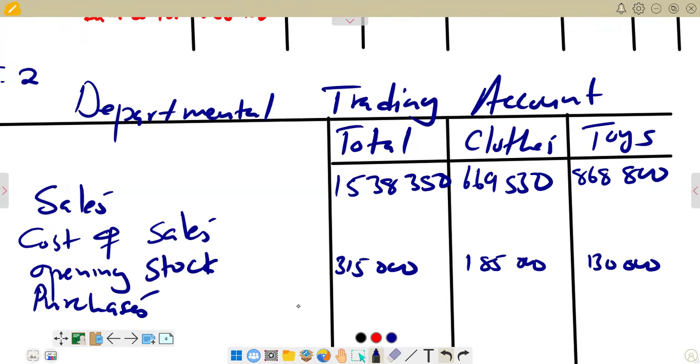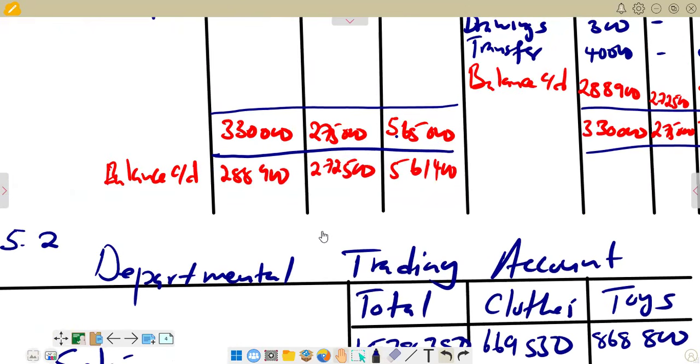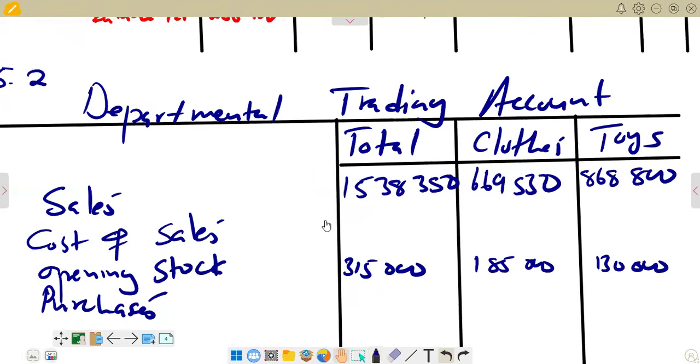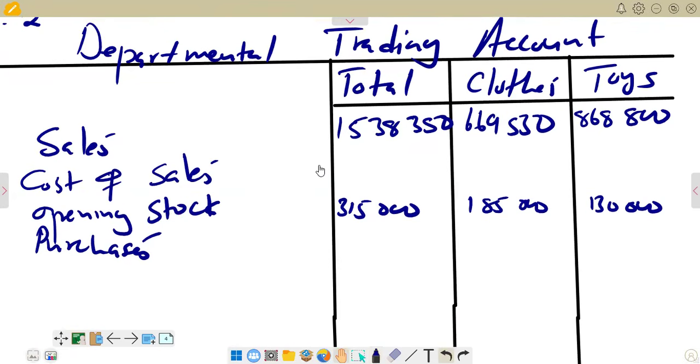So remember, our purchases figures, we calculated them there when we prepared the purchase accounts. So we are saying these are the balances that we are going to pick as our purchases: 288,900 for clothing and 272,500 for toys. So we're just going to enter those figures. So if you come here, you'd see that now we are saying figures that we have for purchases.